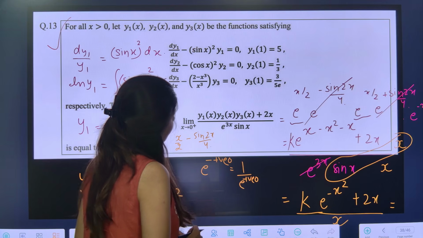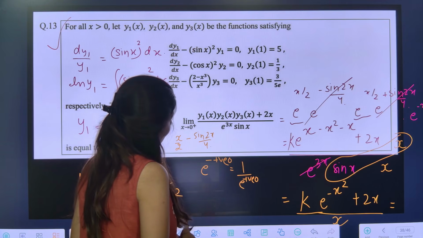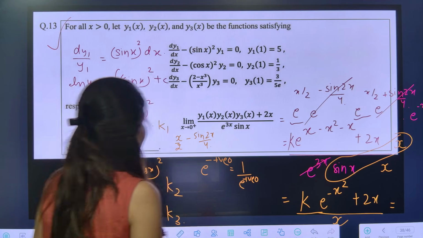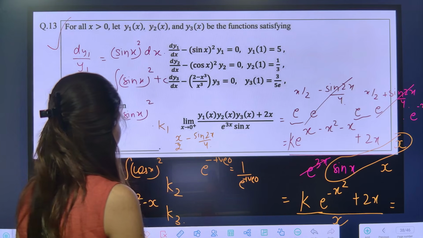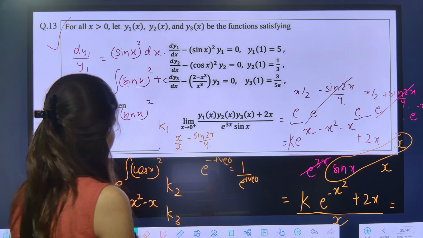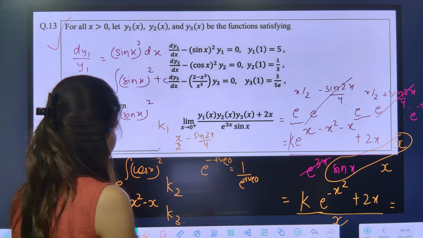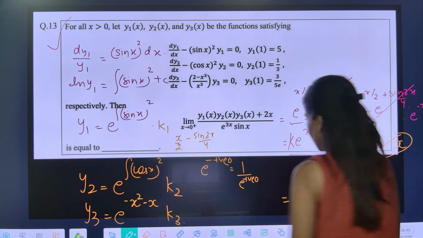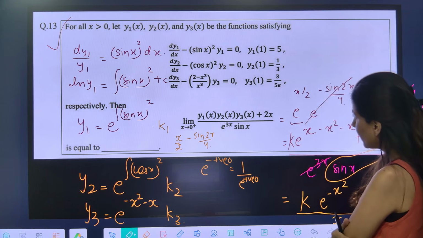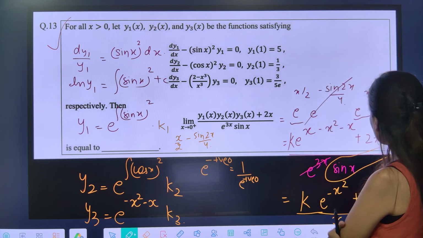E power 0, right? So e power minus 0, 1 upon e power 0, right? So this should be infinity, or it is, okay, wait.